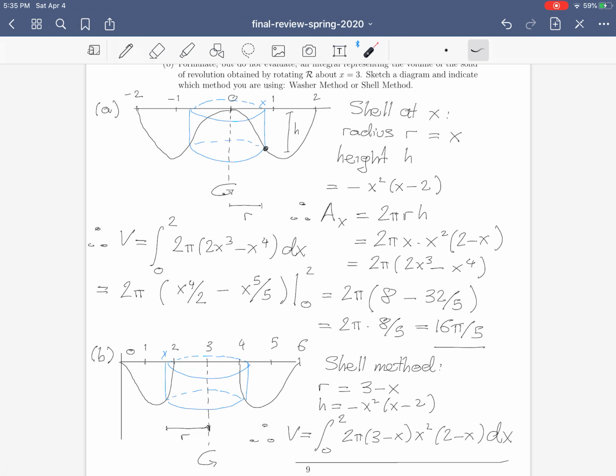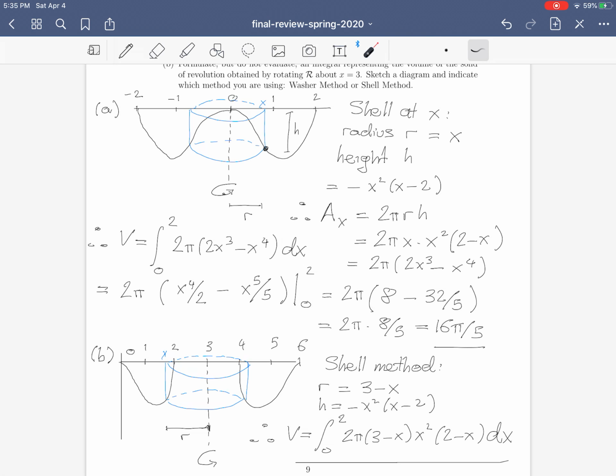In the second part of the question, we were asked to choose whether or not to use the shell method or the washer method. If we were to try to use the washer method here, we would draw a washer that looks something like this. But in order to use the washer method, we'd have to find these points as functions of y. That would not be so straightforward.